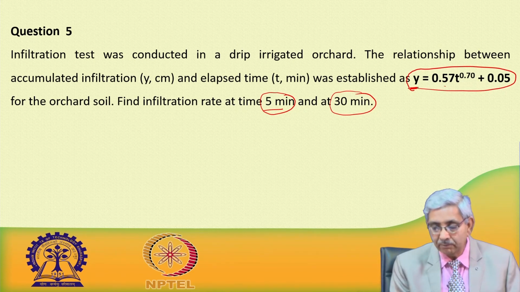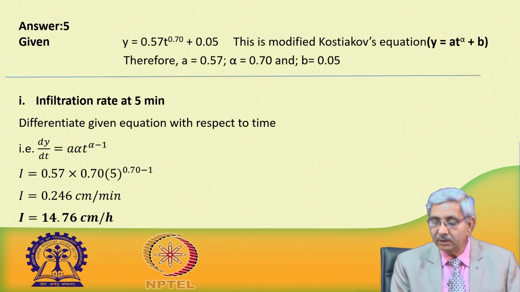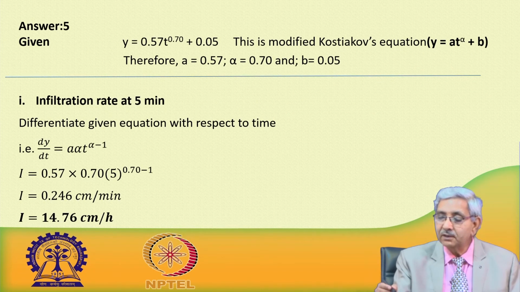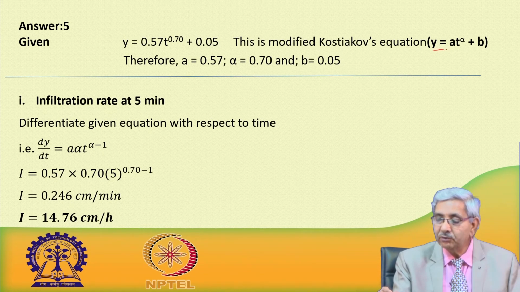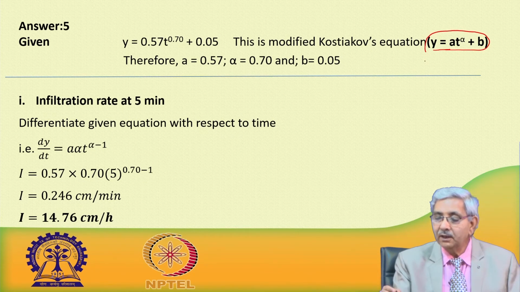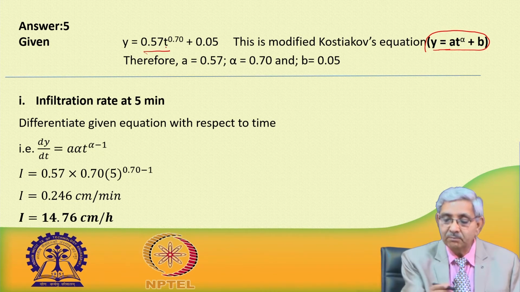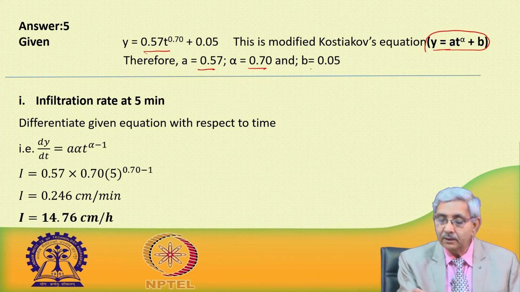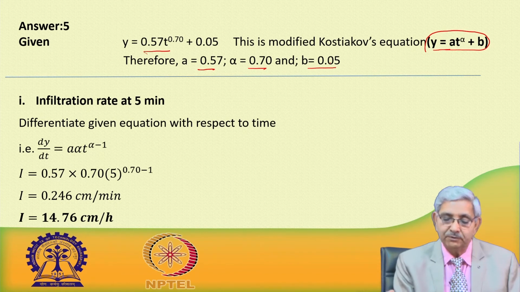The equation which was established is the modified form of the Kostiakov equation, given by y equal to a t to the power alpha plus b. In this equation, a is equal to 0.57, alpha equal to 0.7 and b equal to 0.05.